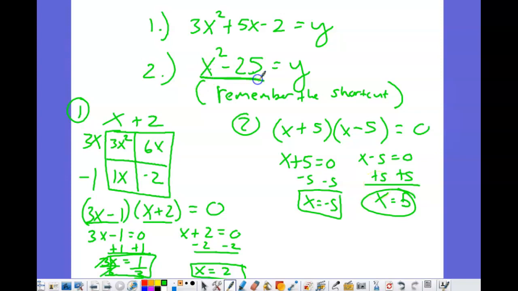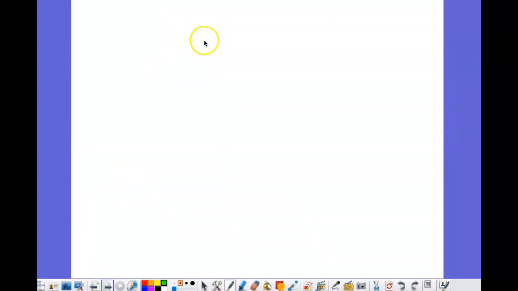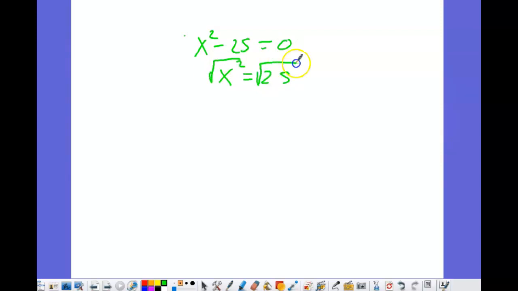Another and easier way, honestly, to solve this one is you could have just set this equal to 0 at the beginning, add 25 on both sides, and take the square root, which is another method that we learned, but that one only applies sometimes. And you also have to remember when you do that method to not forget your plus and minus. Okay? But either way, you get that answer. So that's the end of it.